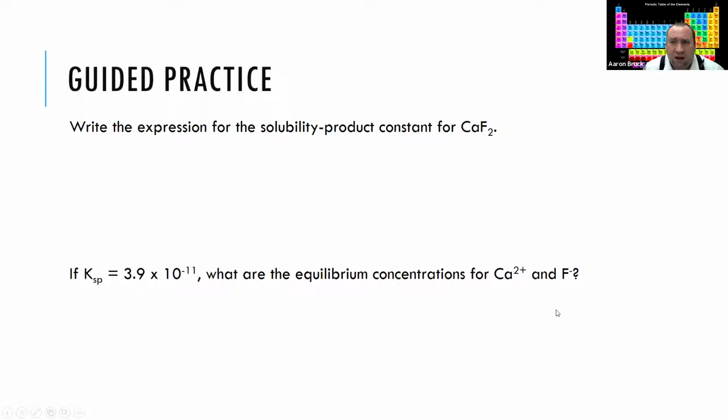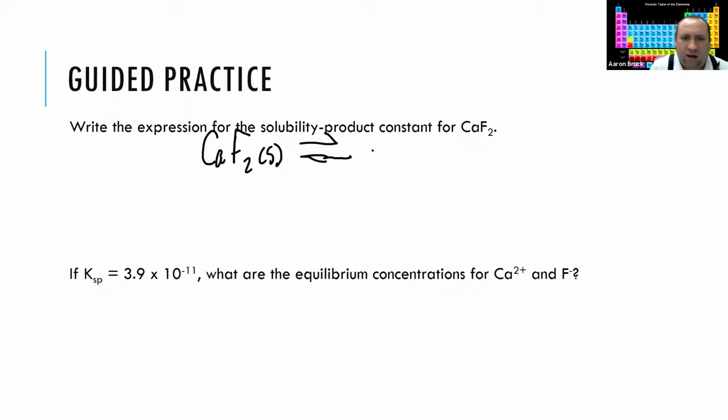And so let's do a couple of examples with these kinds of calculations to get on the right foot here. So what is the expression for the solubility product constant for calcium fluoride? Well, the balanced chemical equation would look like this.